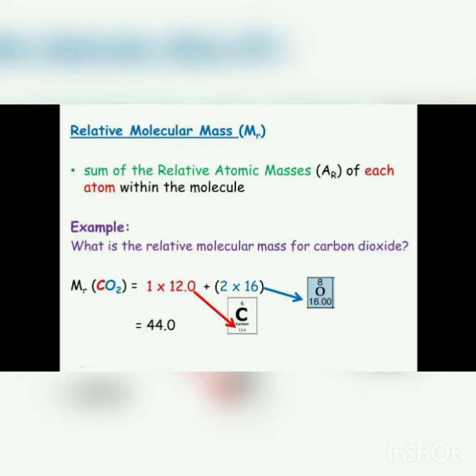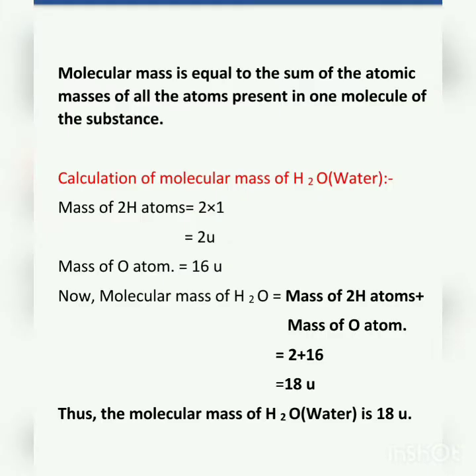Now, let us understand the next example. Here we have to calculate the molecular mass of water, that is H2O. First of all, we find the mass of two hydrogen atoms, that is 2 multiplied by 1, as 1 is the atomic mass of hydrogen. Then we find the mass of one oxygen atom, because only one oxygen atom is present in the molecular formula.